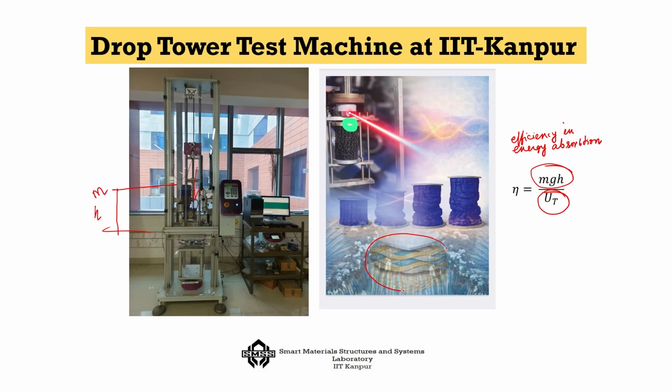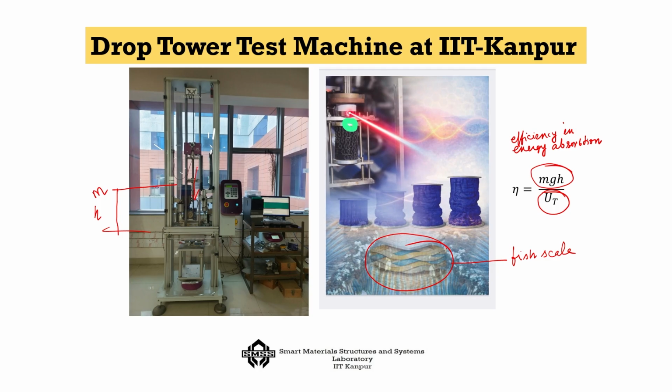Now, I will show you that we can develop a structure which can absorb this impact energy in a very efficient manner, and this structure is inspired by fish scales. This is a fish scale of a rare fish known as coelacanth, and it is also found in the clubs of some mantis shrimps in the ocean.